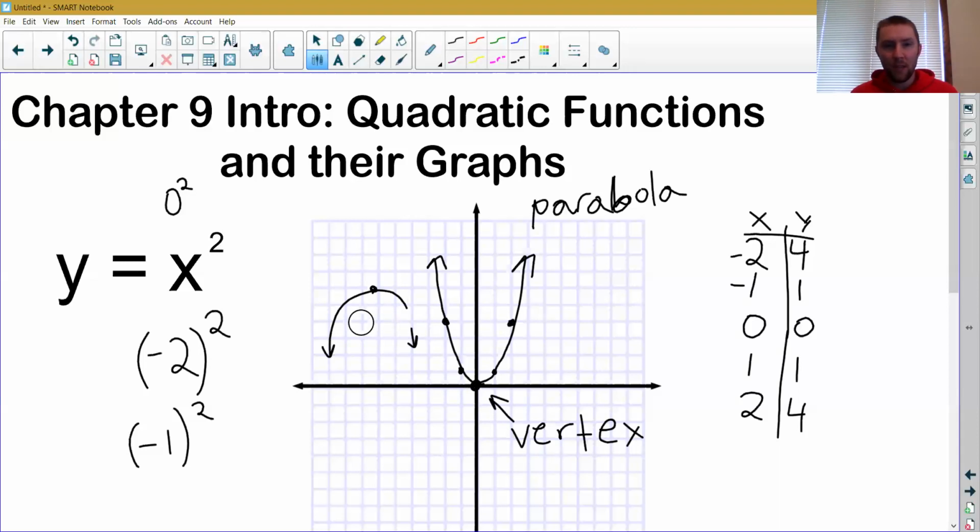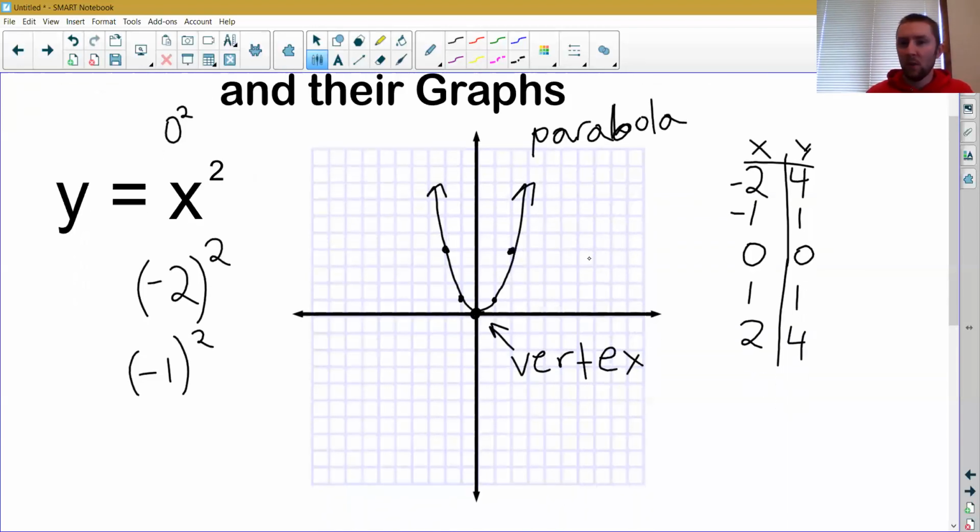The vertex is like a starting point for your graph. In the original, it's at 0, 0, but it's not always. It can shift around and move around. This general shape is what every quadratic equation's graph looks like. It doesn't matter how complicated the quadratic equation gets, the graph is always going to look something like this.